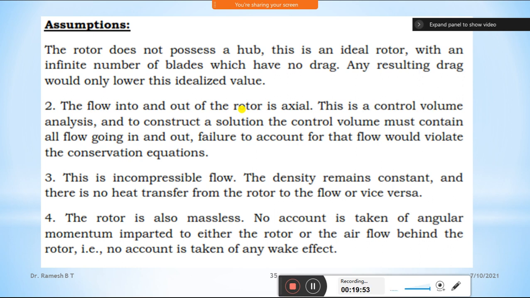No account is taken for angular momentum imparted either by the rotor or by the airflow behind the rotor, so no account is taken for any wake effect. We are not considering the mass of the rotor. If you consider the mass of the rotor, it will cause some resistance, and that mass will affect the efficiency, so indirectly the efficiency will reduce.